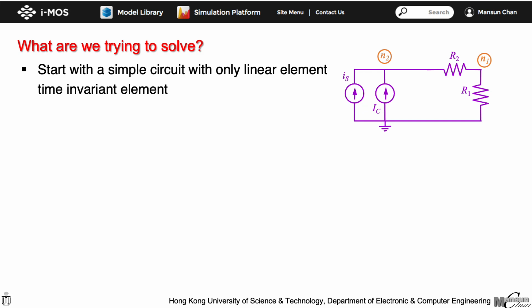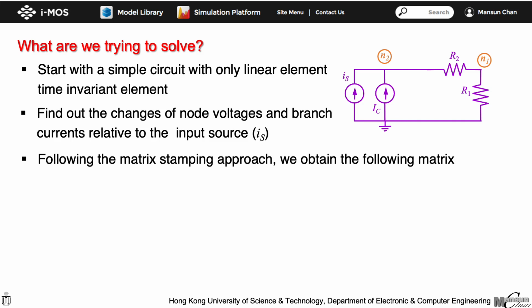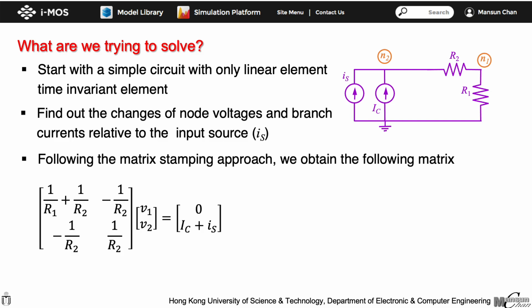In the simulation, we want to find out how the node voltages and branch currents vary relative to the input signal source. If the modified nodal analysis is used, we are only solving for the node voltages. In this case, we can use the matrix stamp method to add the circuit elements into the circuit matrix. The resulting circuit matrix is shown here.